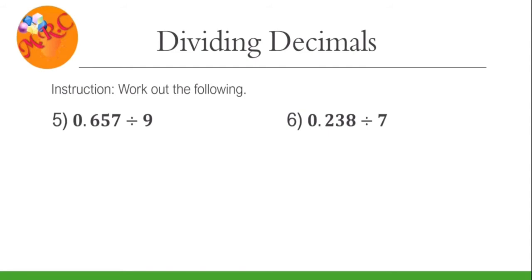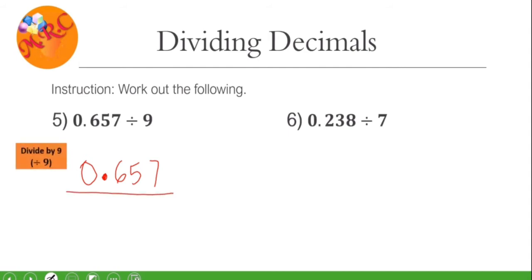Okay, so we're at number 5, and it says 0.657 divided by 9. So to go ahead and write down our first number, which is 0.657. And it's divided by 9.